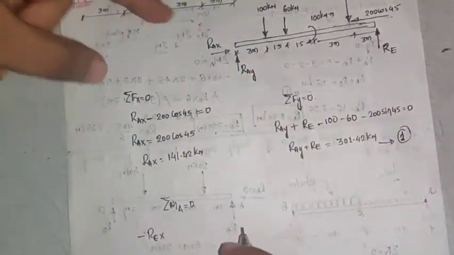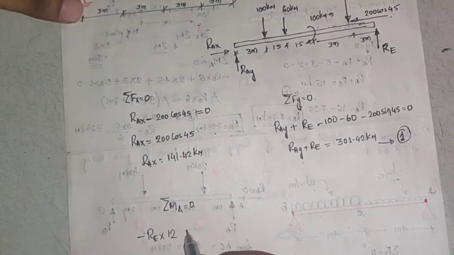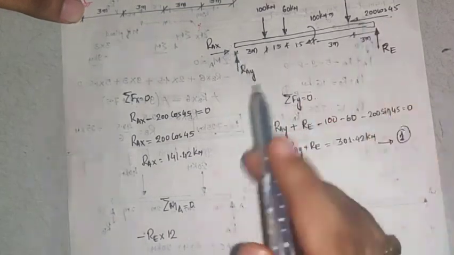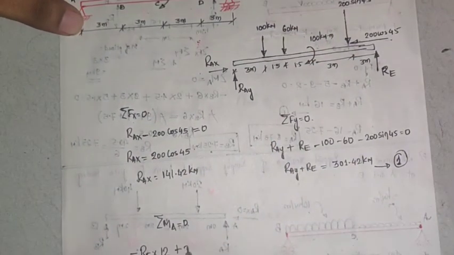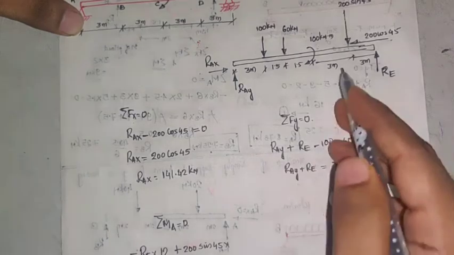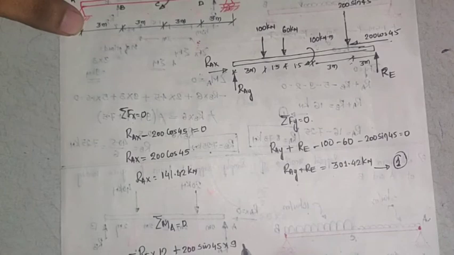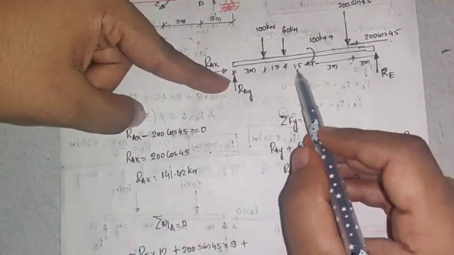The total distance is 3 plus 3, 6, 9, 12. Then what about this horizontal force? This is in line with A, so it is 0. What about 200 sine 45? It will rotate clockwise, so plus 200 sine 45 into the perpendicular distance 3 plus 3, 6 plus 9.